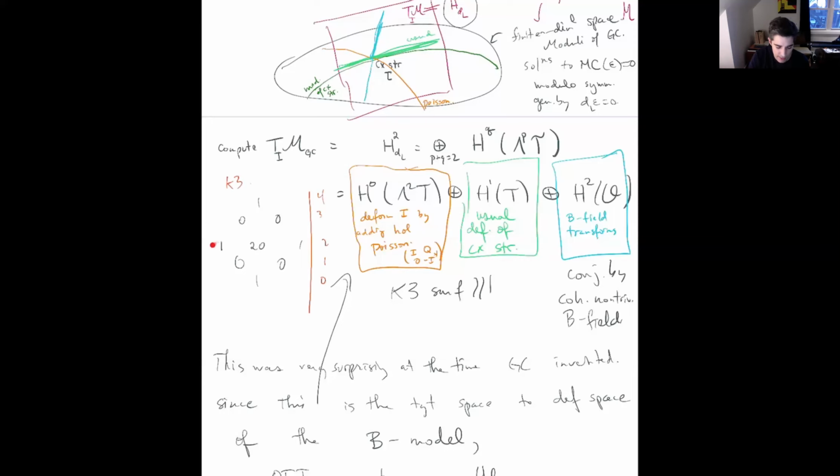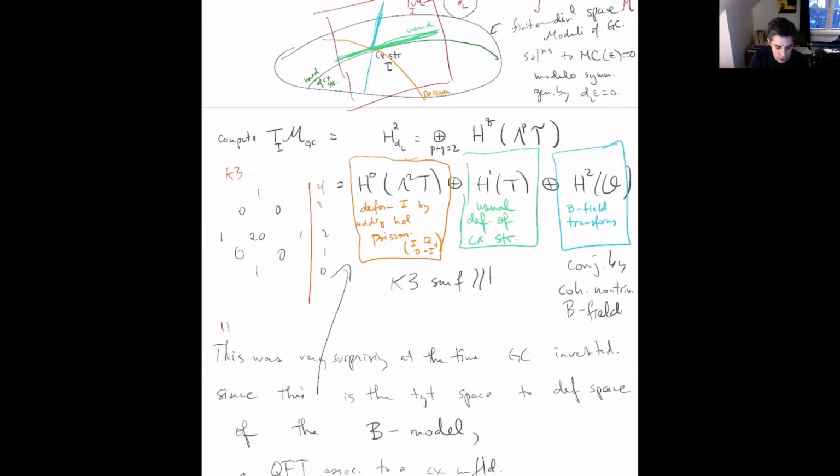If you look at H11, H1 omega 1 is isomorphic to H1T for a K3 surface, because T is isomorphic to omega 1 on a K3 surface. And so that means that the complex deformations are of dimension 20.